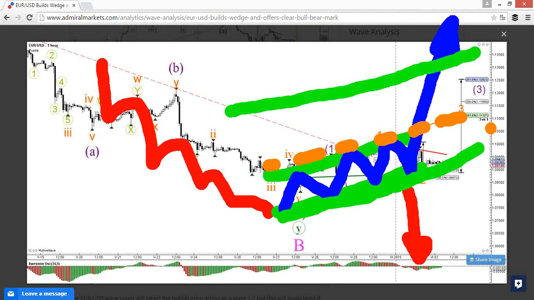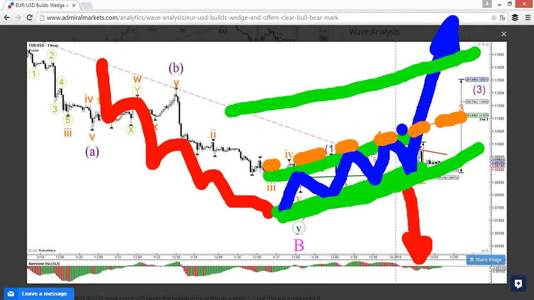So looking at the top and bottom of a channel like that is important, because when it breaks the bottom, it's probably a bear flag. And if it breaks the top, there is a chance it could be this expansion. Now, looking at price action to see which of the two is more likely is handy.